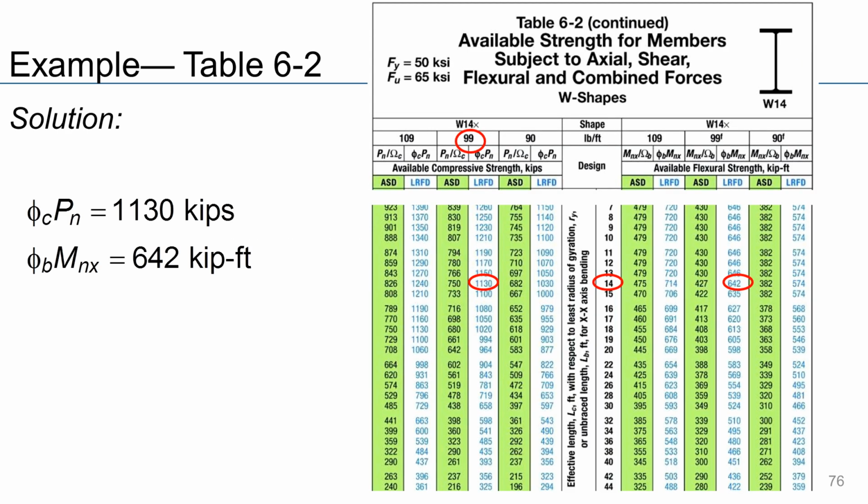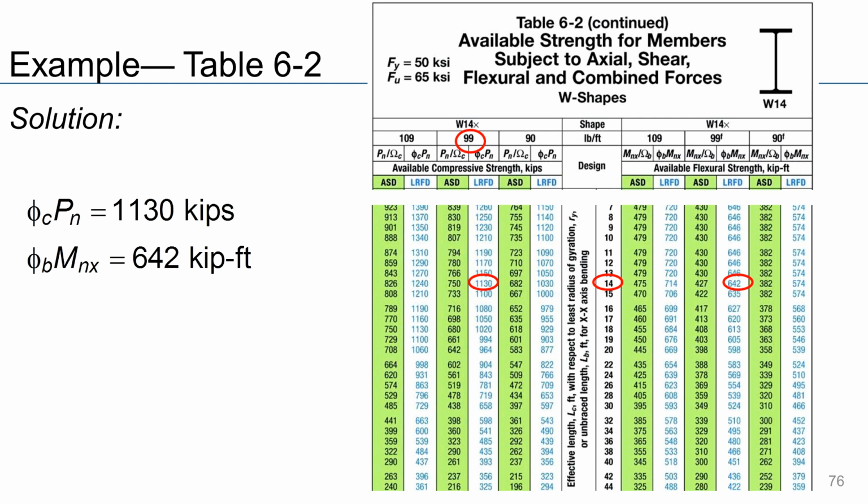Going into Table 6-2, the super table, you look across the top and find a W14x99. You go down the table to the length of 14 feet, and you read across to the LRFD strength, and you're going to see for compression, it's good for 1,130 kips.